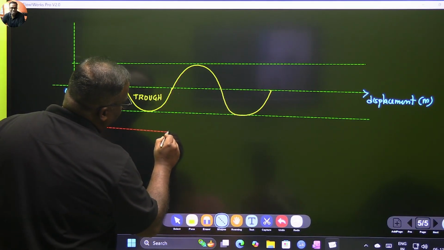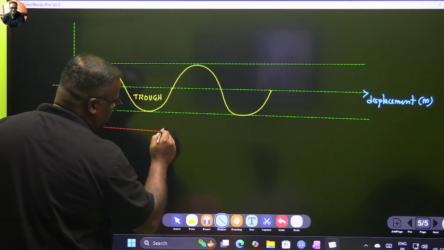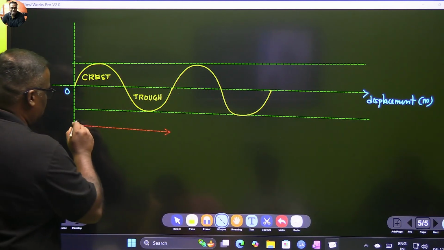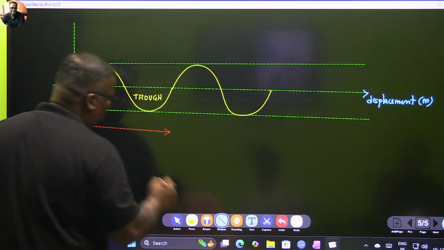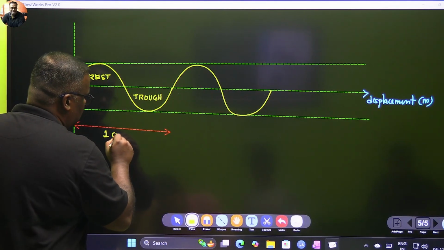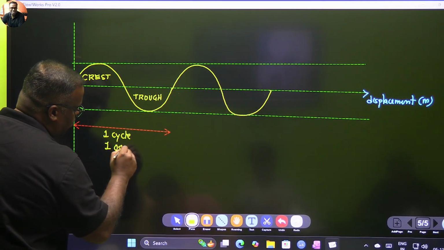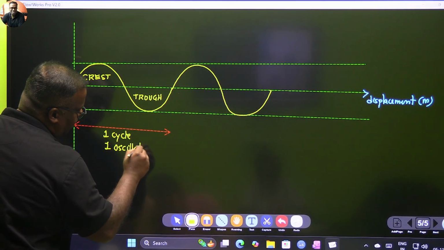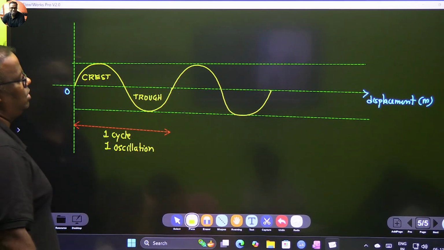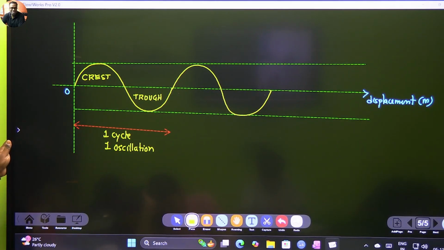From one crest to one trough, this is known as one cycle. This can also be known as one oscillation, one cycle of vibration, whatever you say.